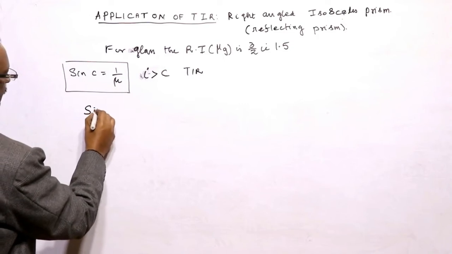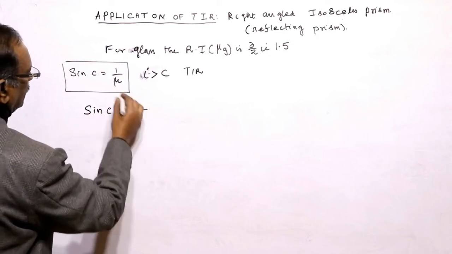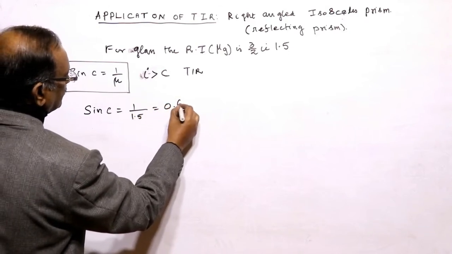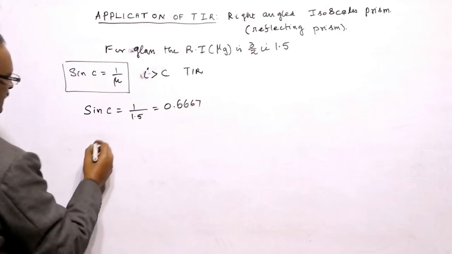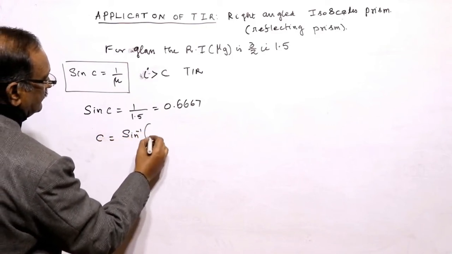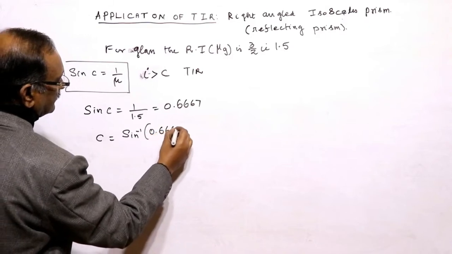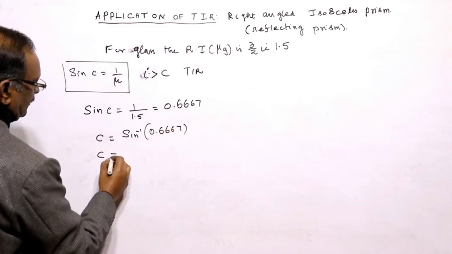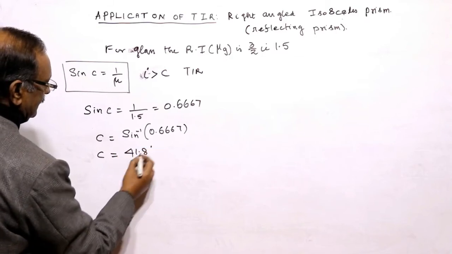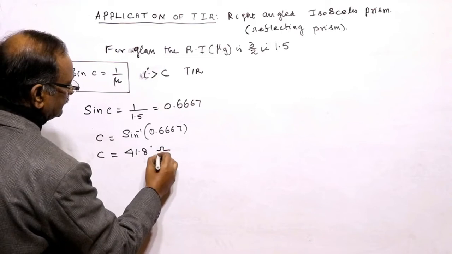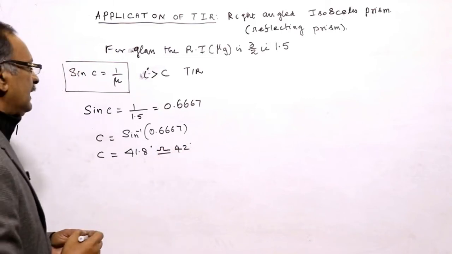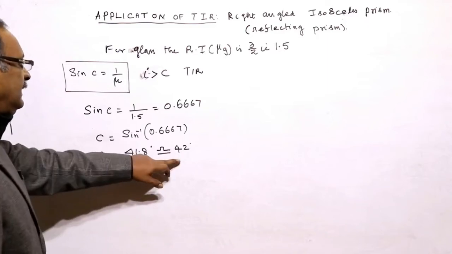So sine of C is equal to 1 by the refractive index of glass, 1.5, which is equal to 0.667, or C is equal to sine inverse 0.667, whose value comes out to be 41.8 degree. That is approximately, we can take it as 42 degree. Therefore, the critical angle for glass is 42 degree.